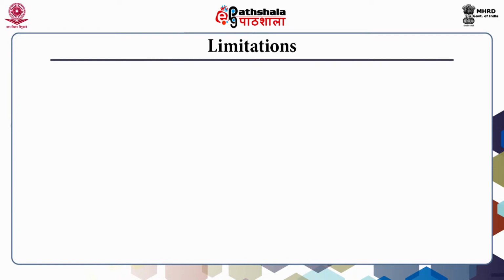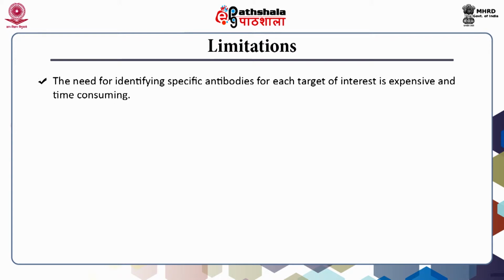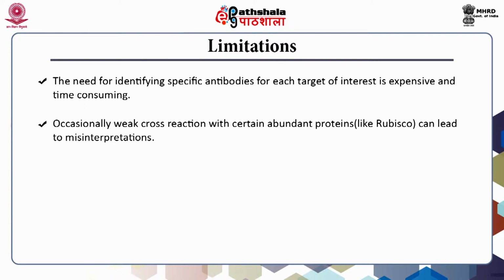Coming to the limitations, the need for identifying specific antibodies for each target of interest is expensive and time consuming. Occasionally, weak cross reaction with certain abundant proteins like Rubisco in plant systems can lead to misinterpretation of the result.